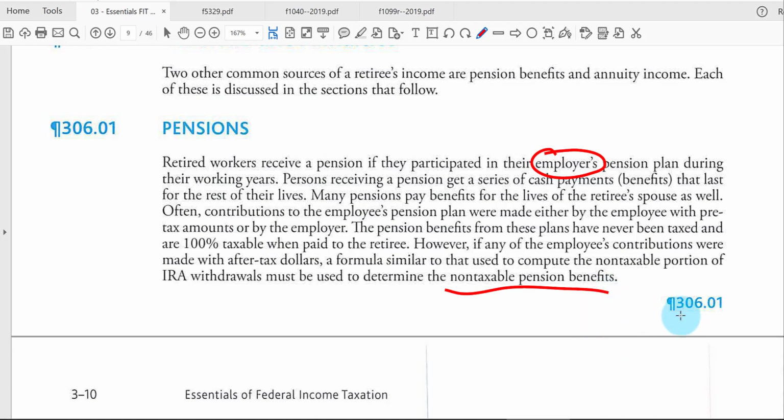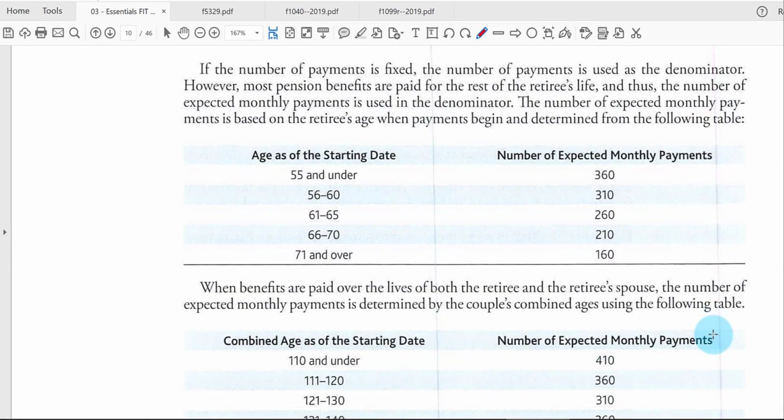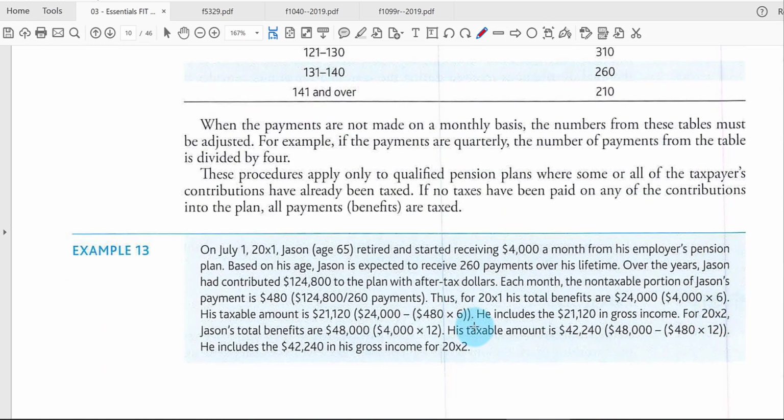So let's first take a look at this example before we calculate anything here. We have Jason, who's age 65, so we know that he's going to avoid that early distribution penalty. And he's going to receive $4,000 a month beginning on, it looks like the date he retired, July 1st.